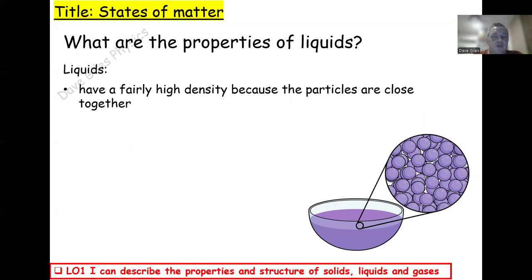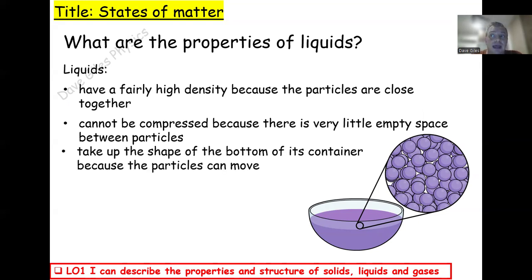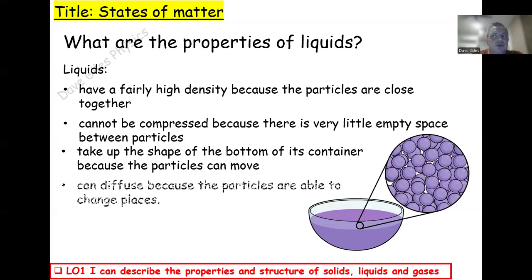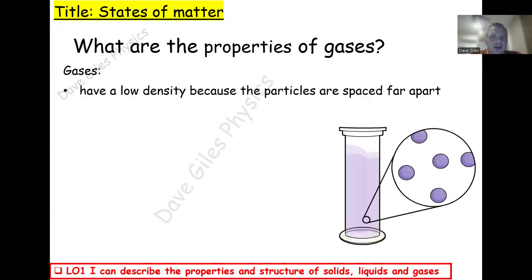Liquids, on the other hand, are fairly dense, not quite as dense as solids usually, but more dense than gases. They cannot be compressed because there is very little empty space between the particles, and they take the shape of the bottom of the container because the particles can move, and they are also able to diffuse. And finally, gases. They're low density because there are huge spaces between all the particles.